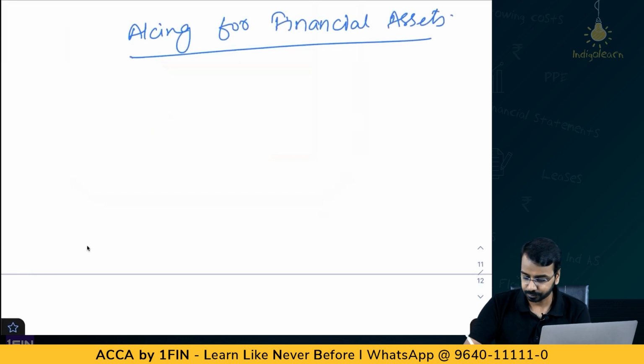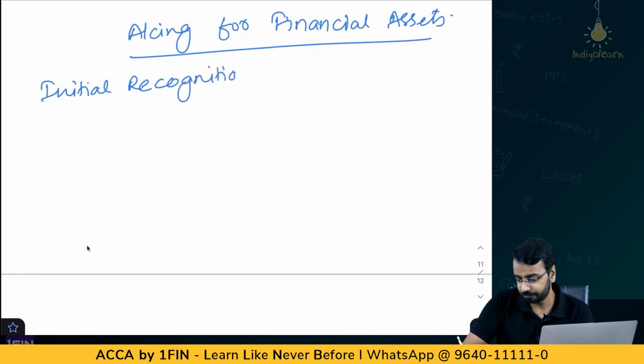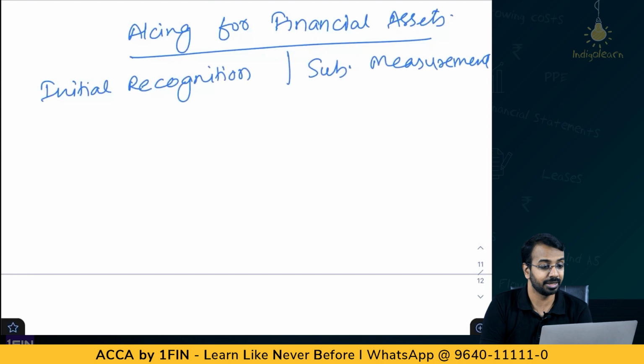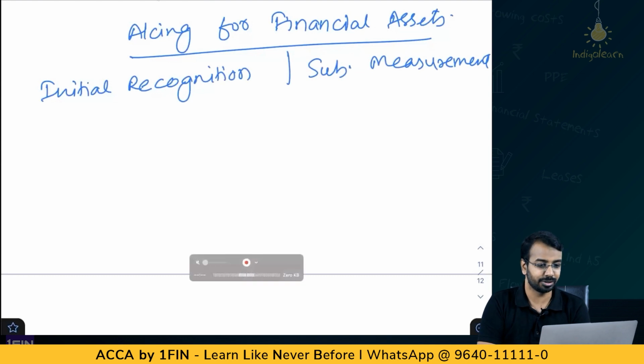Now, when we talk about accounting for financial assets, there is initial recognition, then there is subsequent measurement. Initial recognition and subsequent measurement.